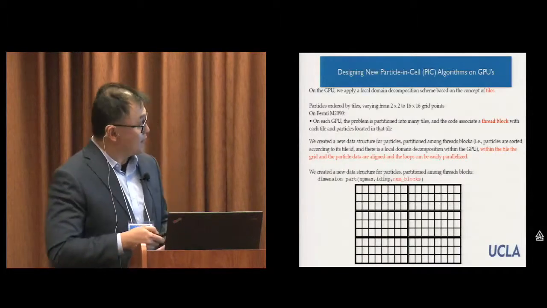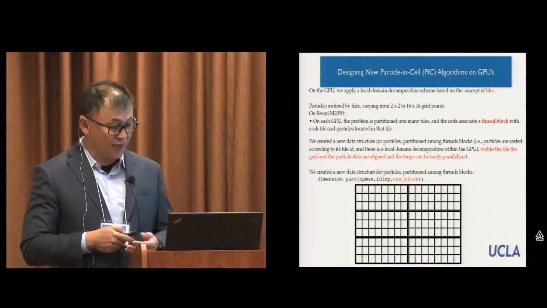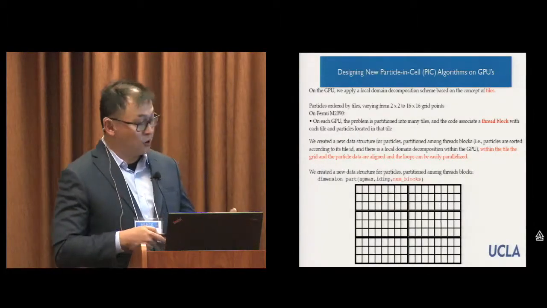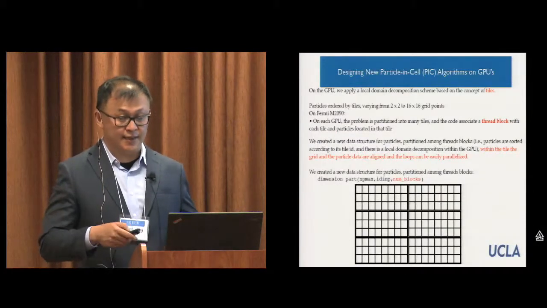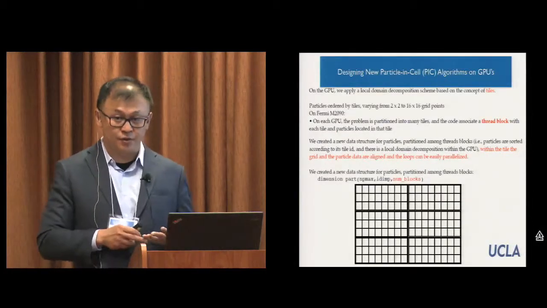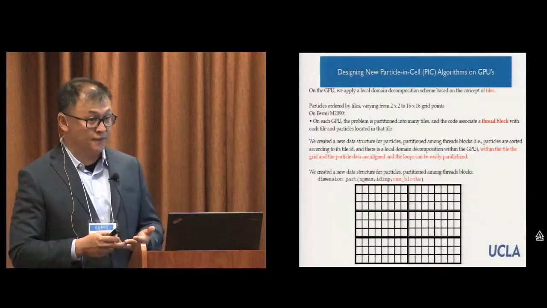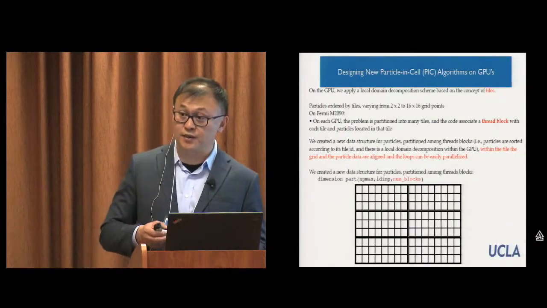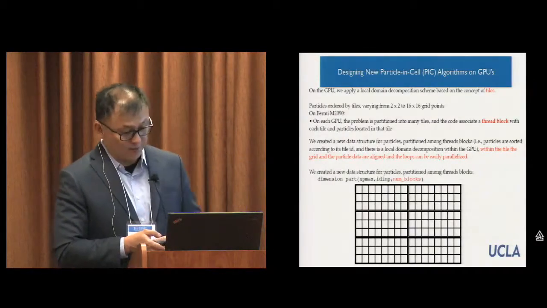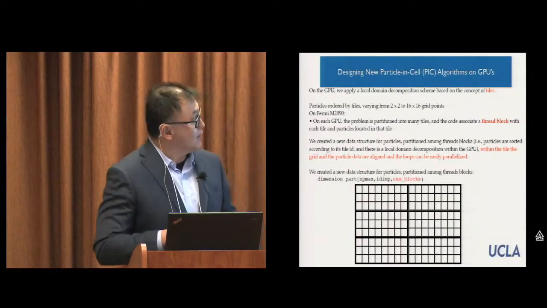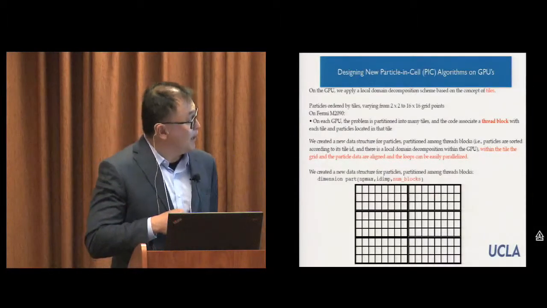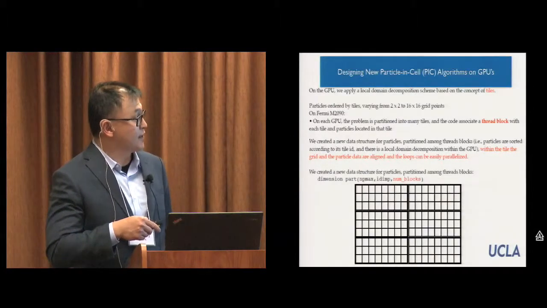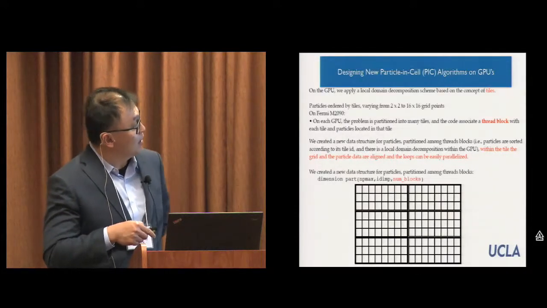Even though the example I will be giving you in the next few slides is a code written for the GPU, some of these ideas can be applied to the GPUs, to the Intel Phis, or even conventional Intel CPUs using OpenMP. On the GPU, we apply a local domain decomposition scheme based on the idea of tiles.